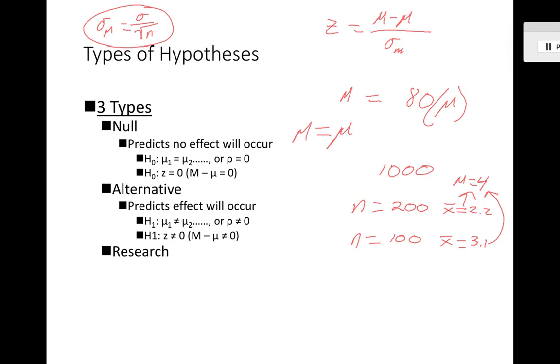So for our purposes in this course, do I need you to know how to calculate standard error? Don't worry about this. The only reason I'm talking about standard error at this point is because it is used in your example here.